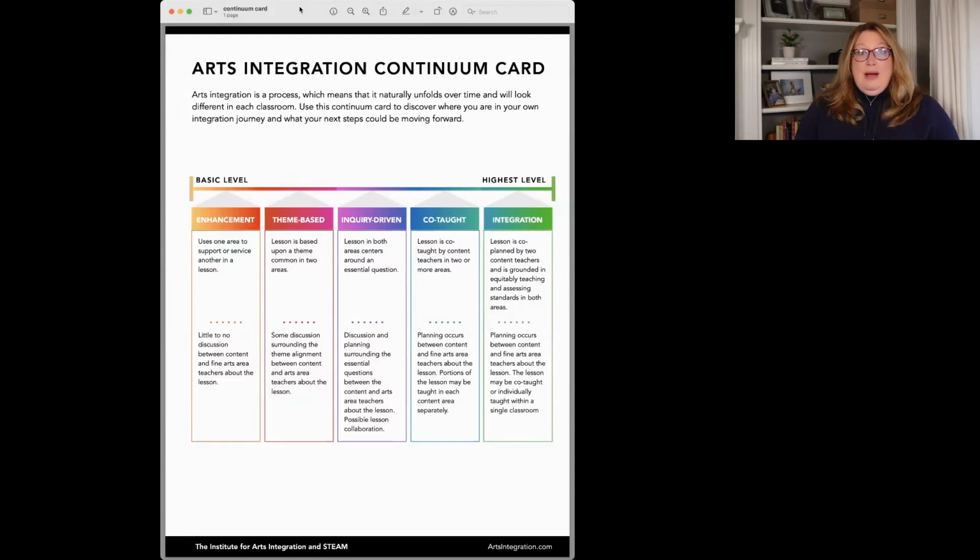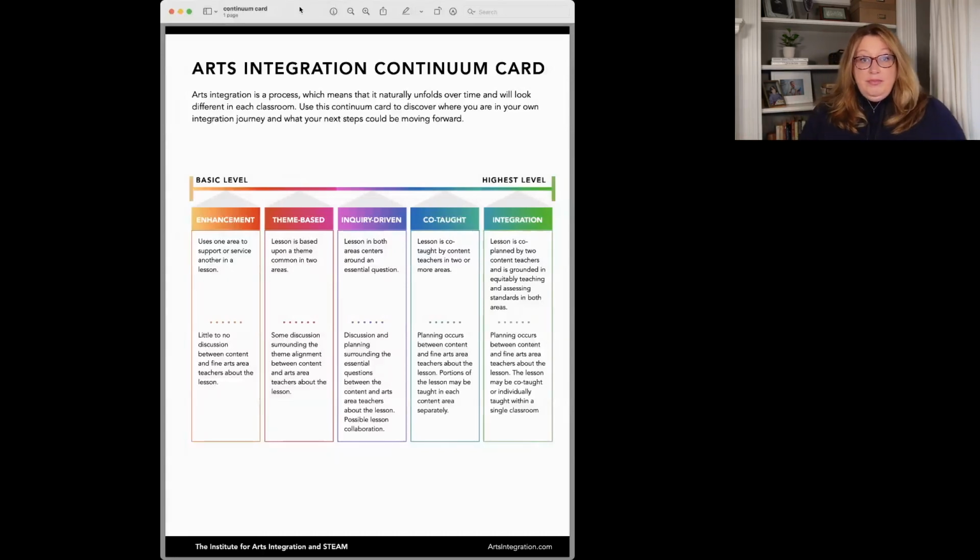What's also great about this continuum card is that you have a process by which to extend and stretch yourself in your own teaching. So I want you to think right now, which level do you think you're in? Are you working in arts enhancement for the most part? Theme-based learning, inquiry-driven learning, co-taught learning, or integration? Which of those five?